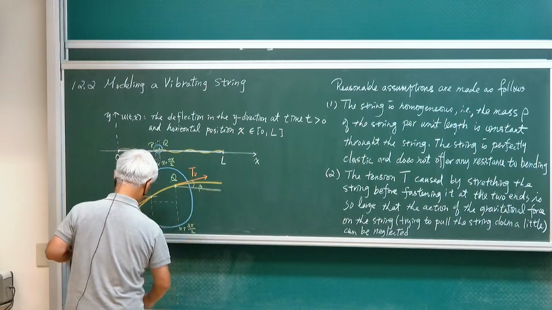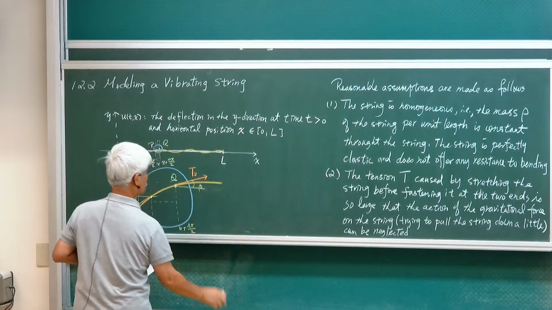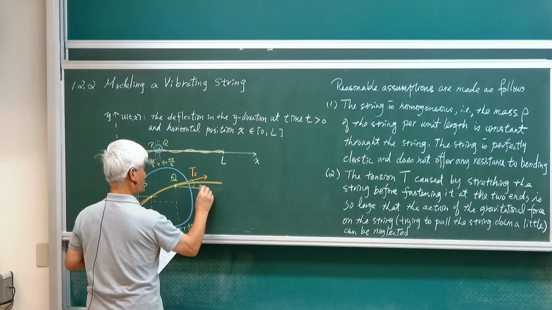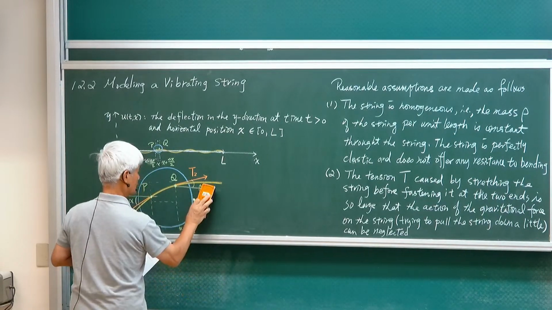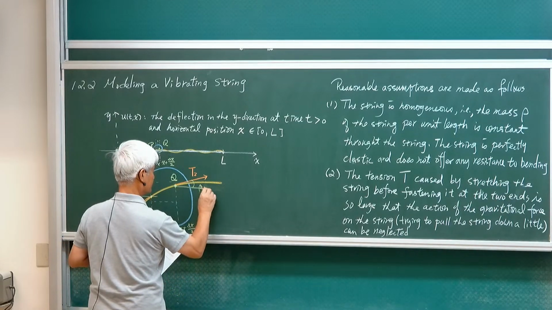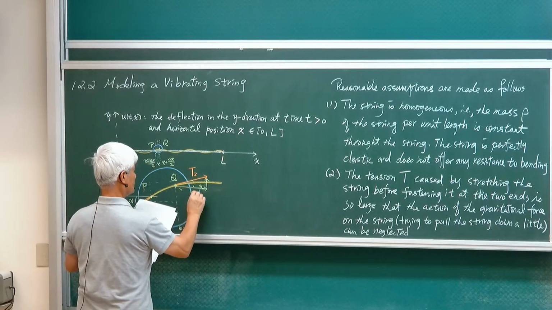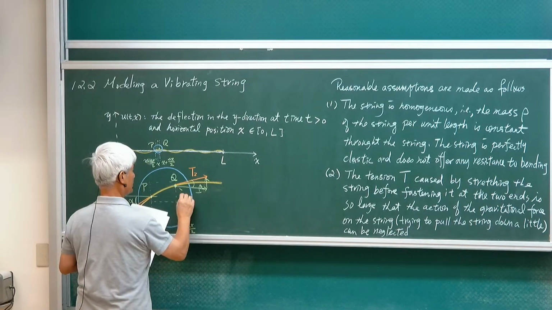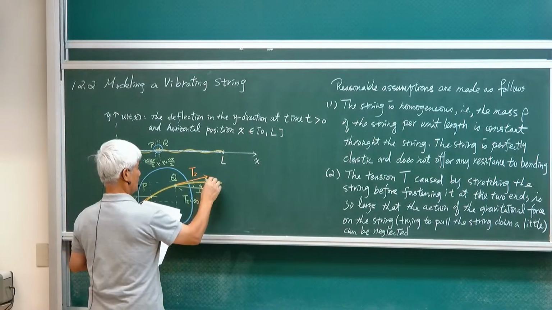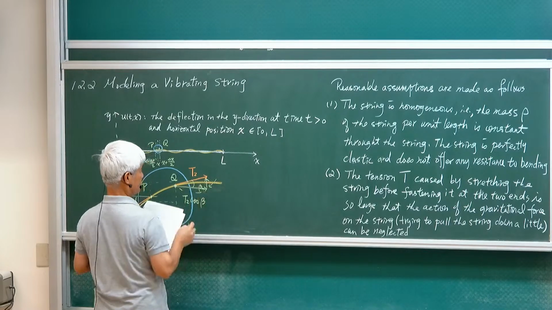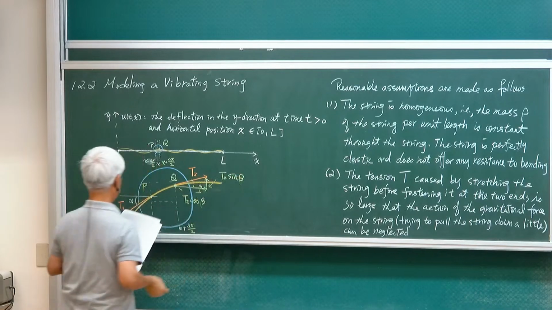Now, T2 has a horizontal component and a vertical component. The horizontal component will be T2 cosine beta, and the vertical component is T2 sine beta.